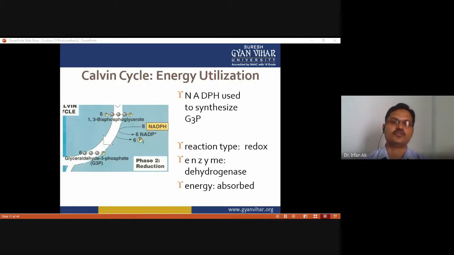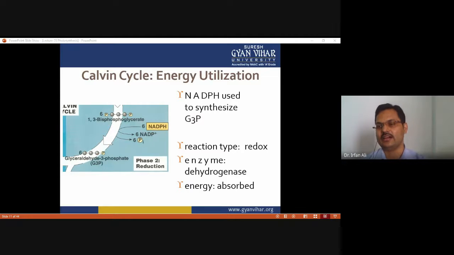This NADPH is used to synthesize glyceraldehyde 3-phosphate. This type of reaction is a redox reaction. Why redox? Because if reduction takes place, oxidation simultaneously takes place.